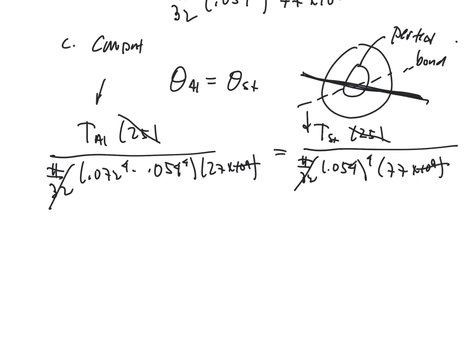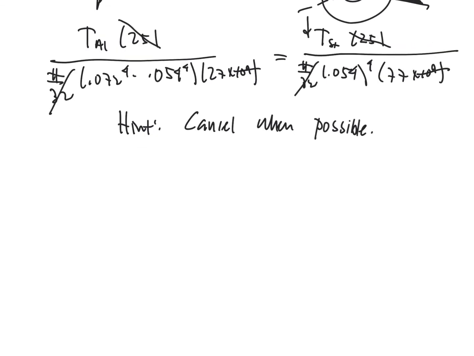So my hint is to save your computations for later and cancel when possible. You might want to delay punching all of your numbers out. It's not going to do any harm, but you might go a little bit faster when you do something like that.